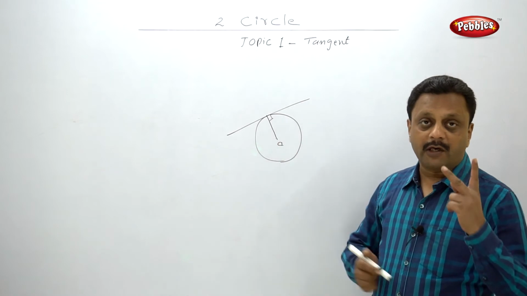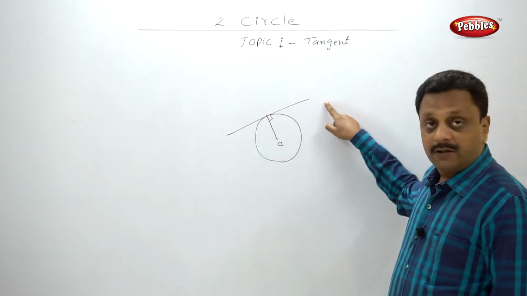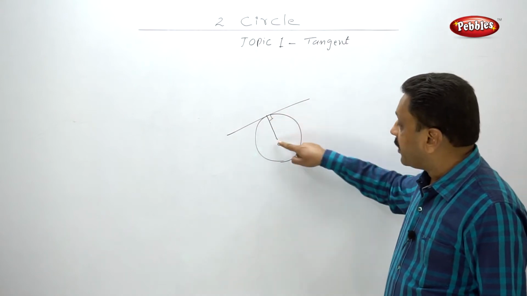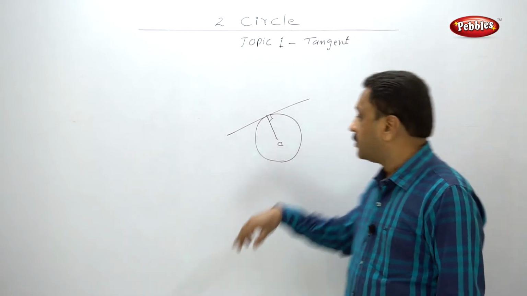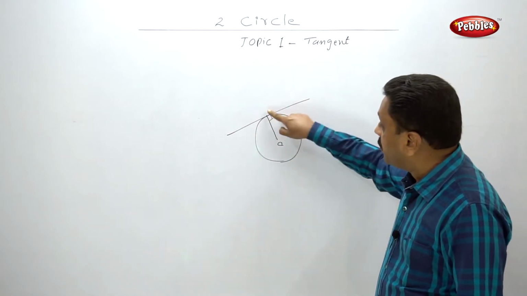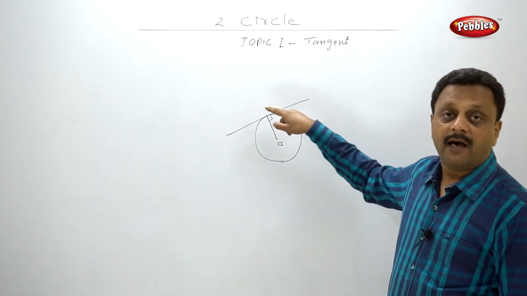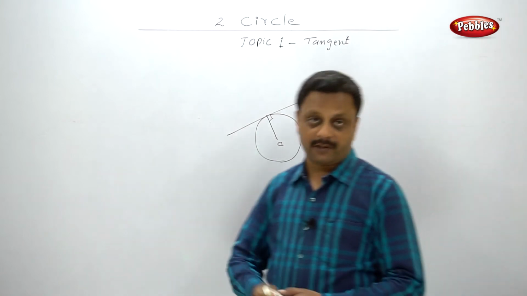Okay, so we have learned 2 things. The first, this tangent is perpendicular to the radius at the point of contact, and the converse, if this line is perpendicular to the radius at the outer side of the circle, then this line is tangent to the circle.